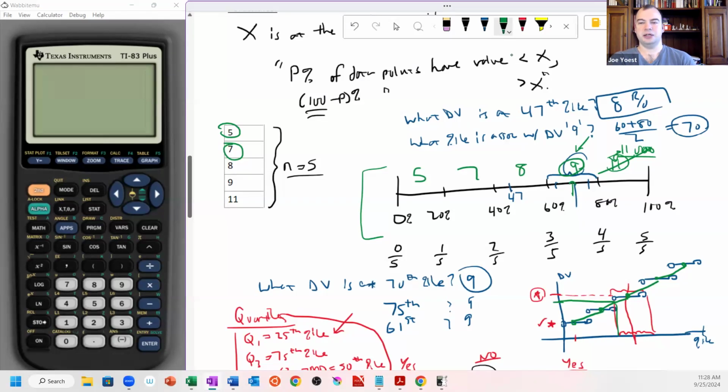That's our 75th percentile, regardless of what falls to the right of it. And similarly with the 25th percentile, it's going to be 7, whether this is 5 or 0 or negative 5 million. That 25th percentile is still 7. We just ignore everything to the left of the 25th percentile, all those lower data values.